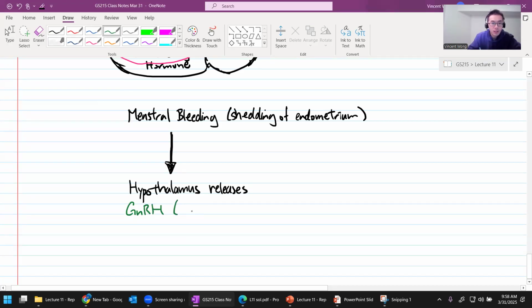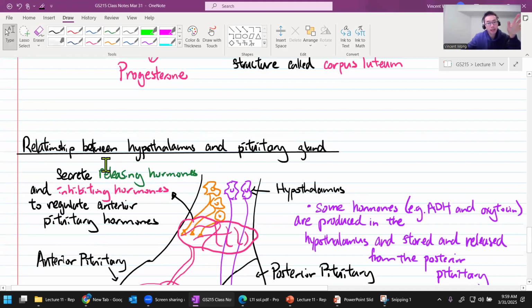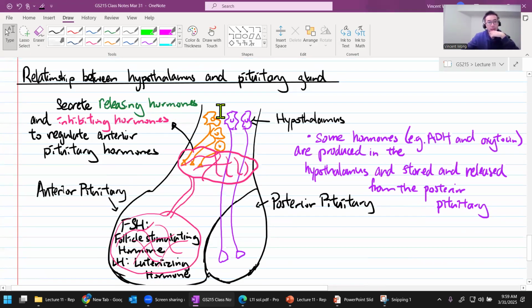So GnRH stands for gonadotropin releasing hormone. Sometimes it's good to memorize the full name because it tells you what it does. So it's a releasing hormone. Anything that ends with releasing hormone, we know it comes from the hypothalamus. You'll be learning a few releasing hormones in the classes to come.